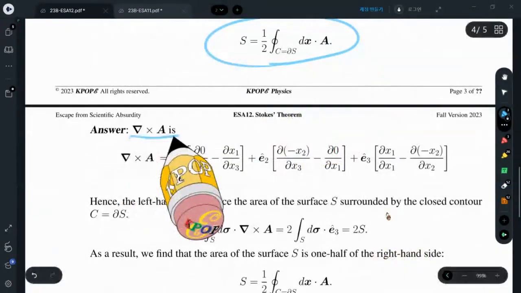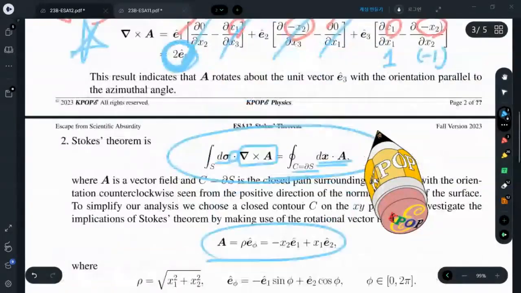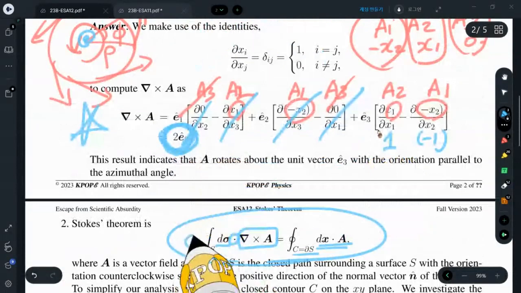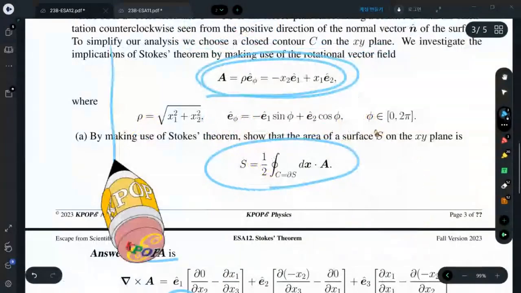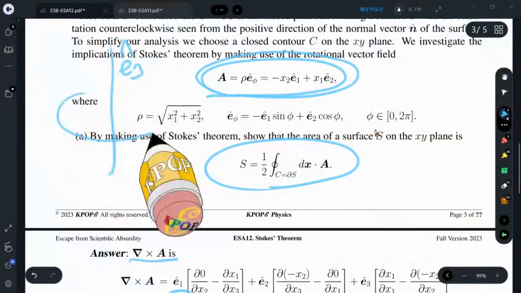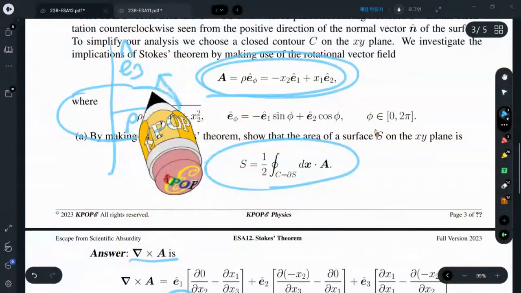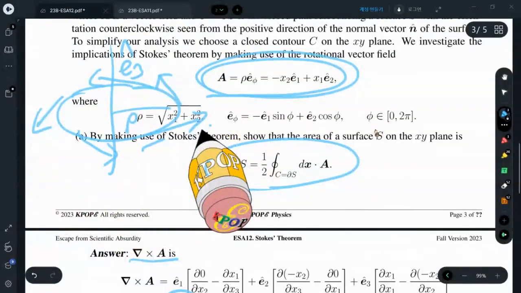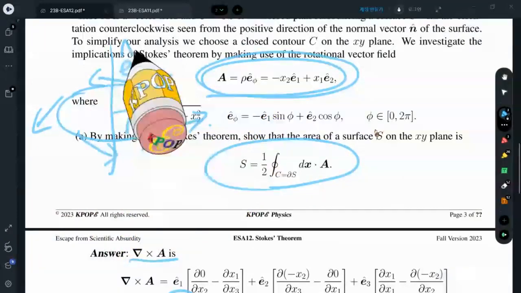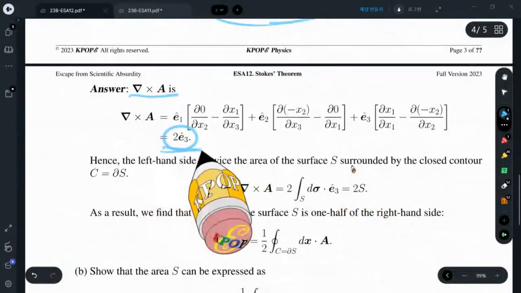Curl A, we just computed, is 2 e3. It is a planar radius, and e phi is rotating in such a manner. The curl of this rotating field is 2 times e3.